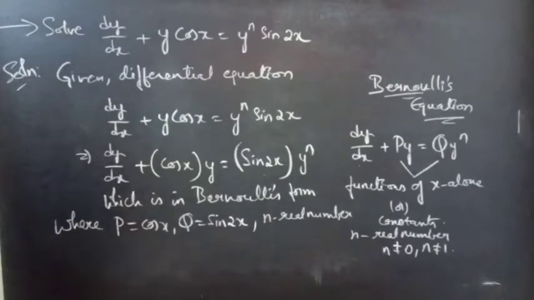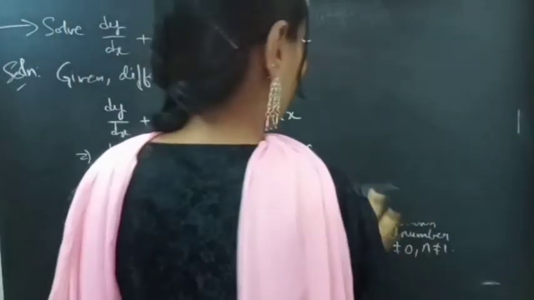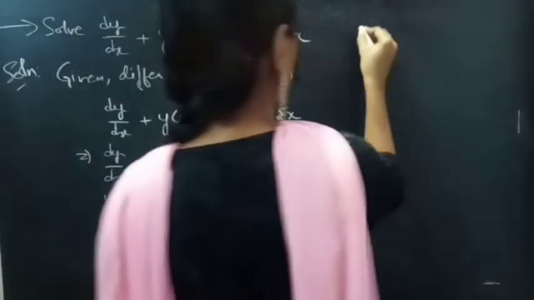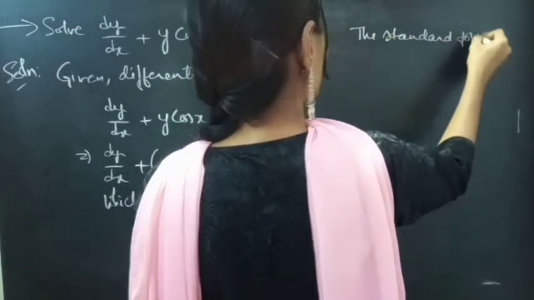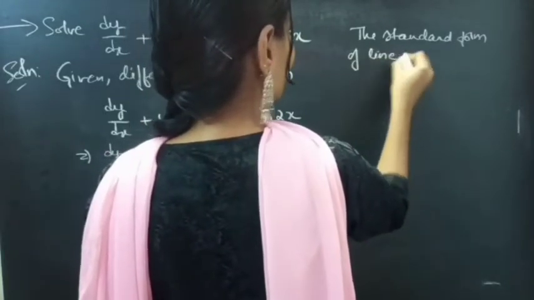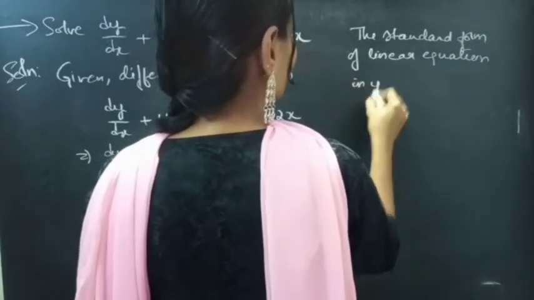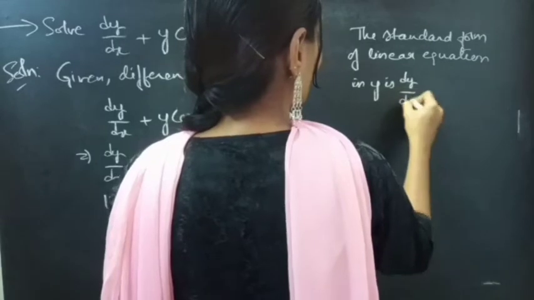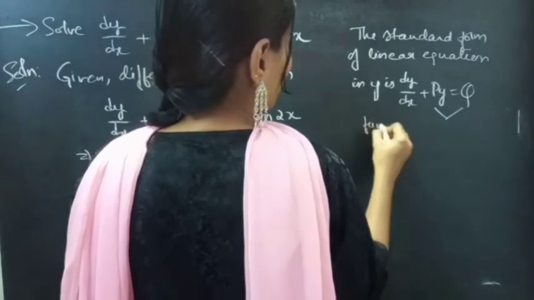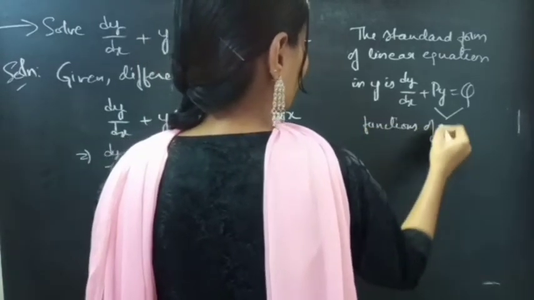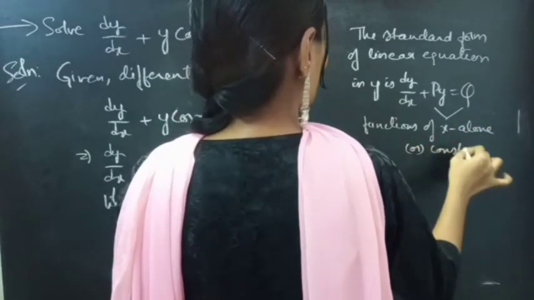Now, we have to reduce the given equation to linear form. We know that the standard form of linear equation in y is dy by dx plus p into y equals q, where p and q are either functions of x alone or constants.